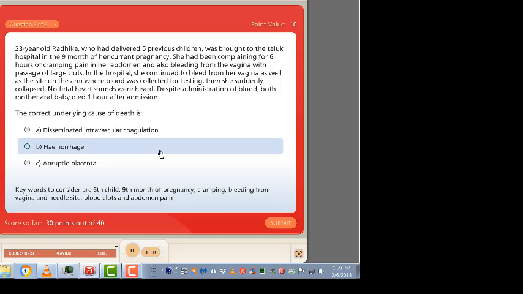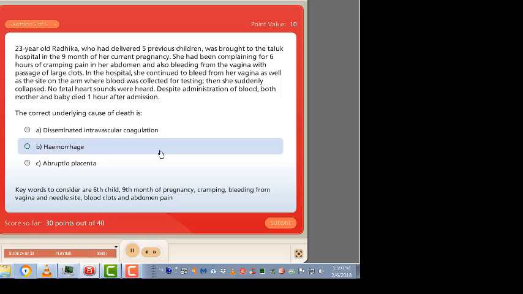In the hospital, she continued to bleed from her vagina as well as the site on the arm where blood was collected for testing. Then she suddenly collapsed. No fetal heart sounds were heard. Despite administration of blood, both mother and baby died 1 hour after admission.